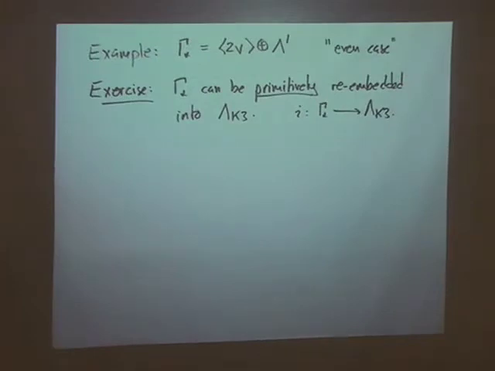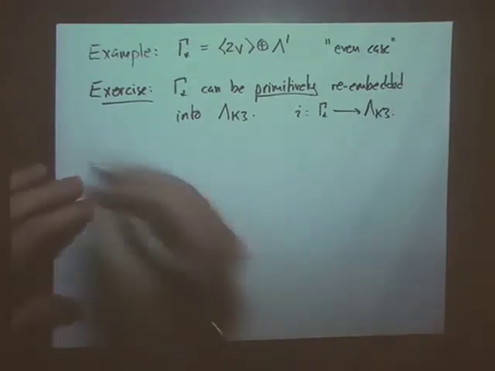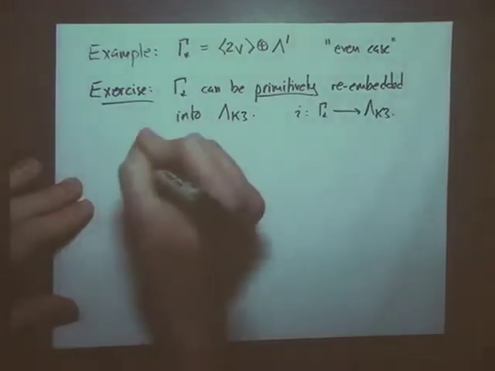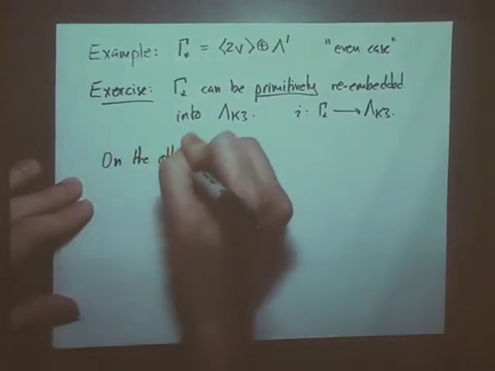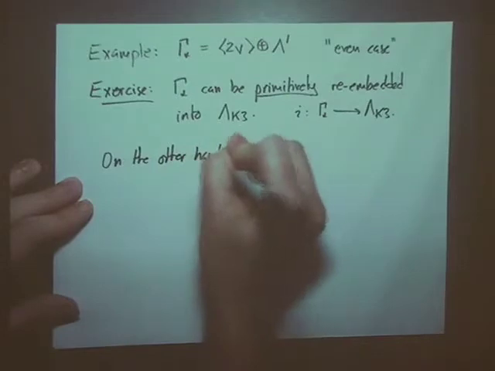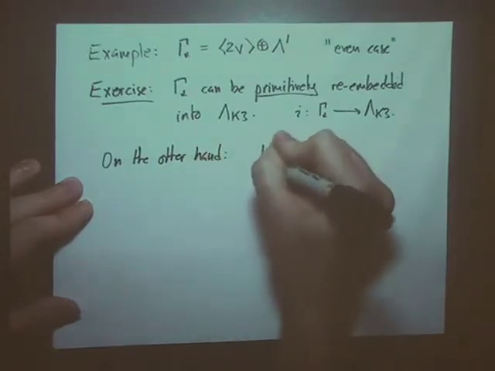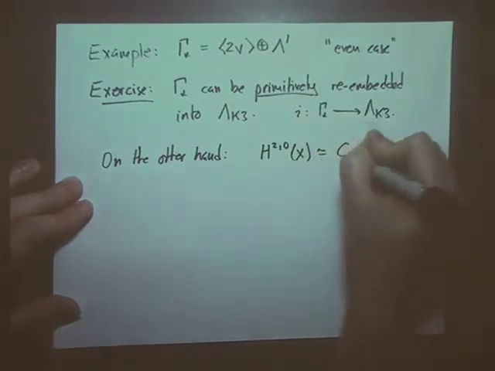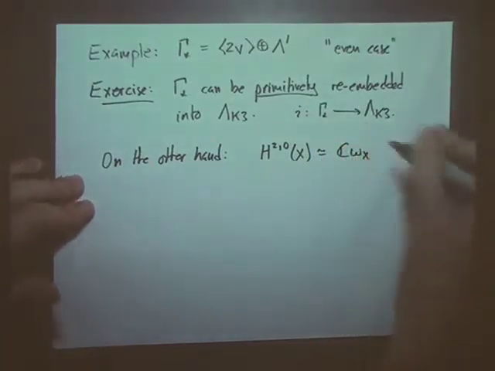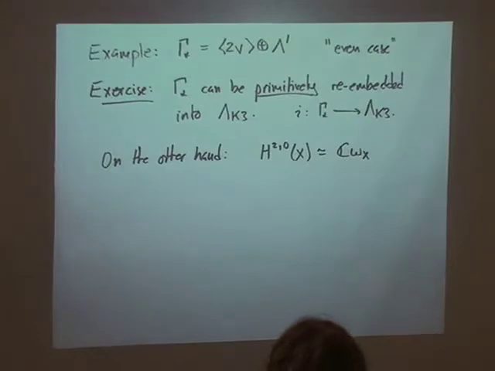Okay, and the reason that this is good is, on the other hand, if I look at the H20 part of my original X, we know already that this is just a one-dimensional C-vector space, so let me call omega X a basis element in there.